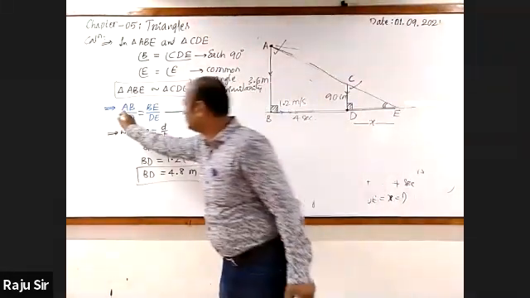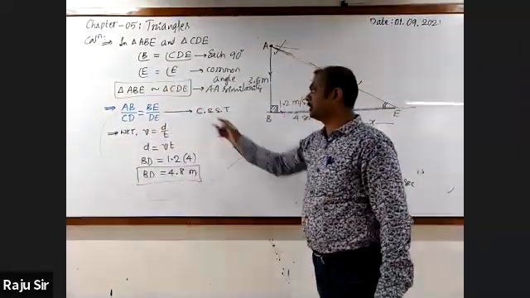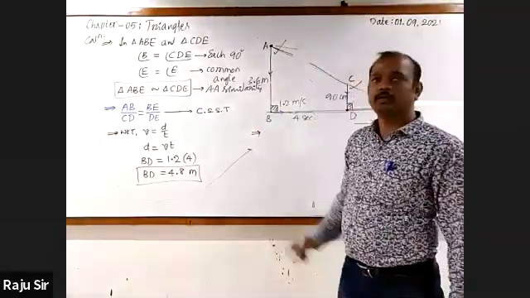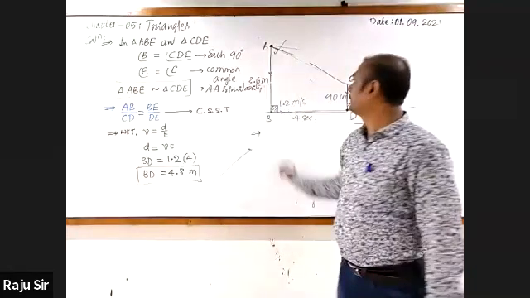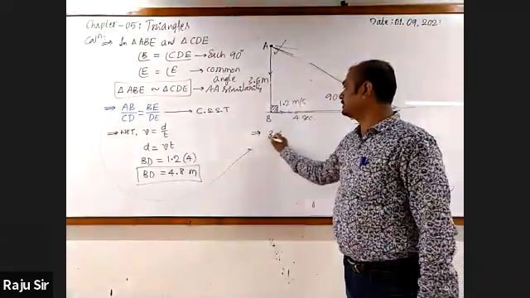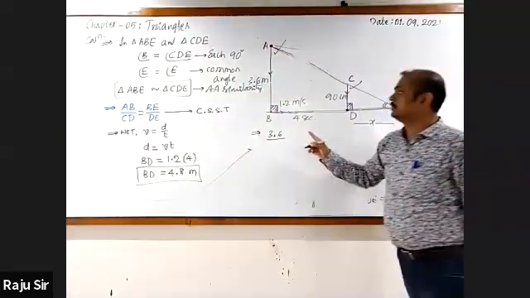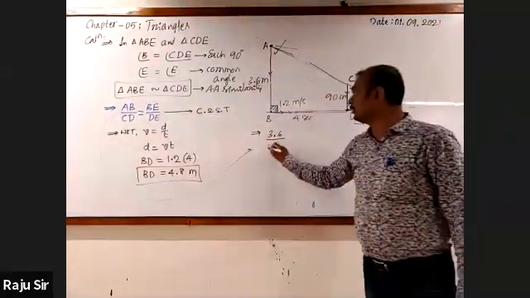Now actually this should be written. Already substitute. Put the implies symbol. What is AB? 3.6 meter. CD is 0.9.